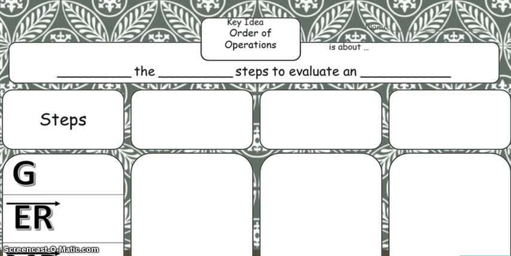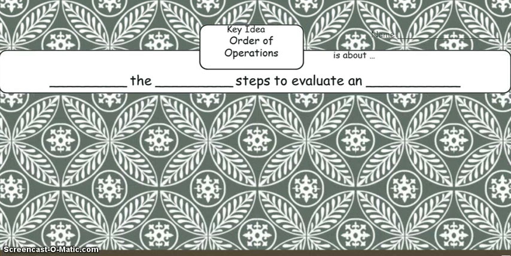Alright, today your frame looks like this. Alright, our key idea is order of operations. And the order of operations is about following the correct steps to evaluate an expression.